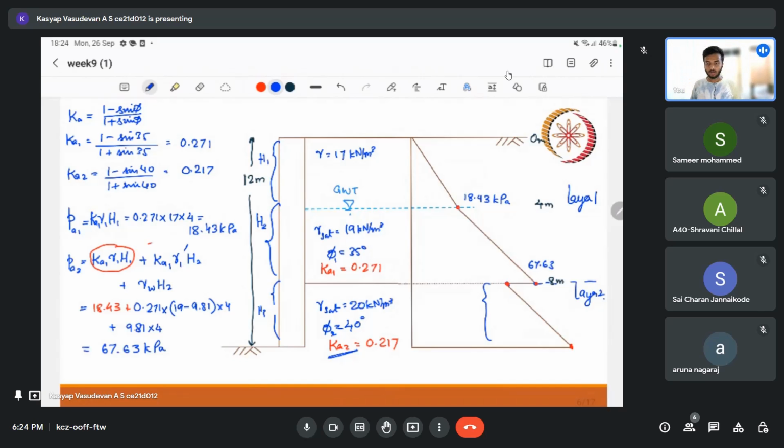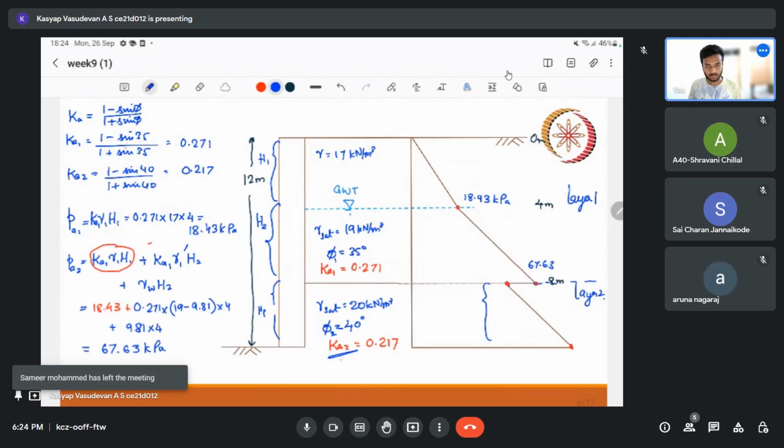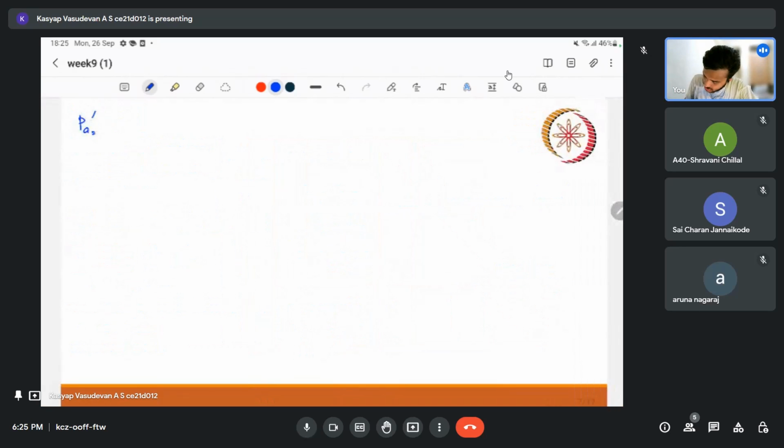But after the interface is crossed, I have a different lateral pressure coefficient. In that case, I'll have to find one more pressure at the same depth using my Ka2. So that will be Pa2 dash, which will be my Ka2 gamma 1 H1, the contribution from the first top layer, plus Ka2 gamma 1 dash, that is the soil below the water table, into H2, plus gamma W H2.